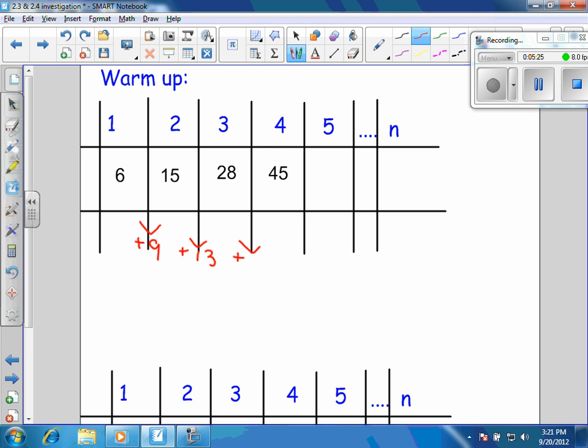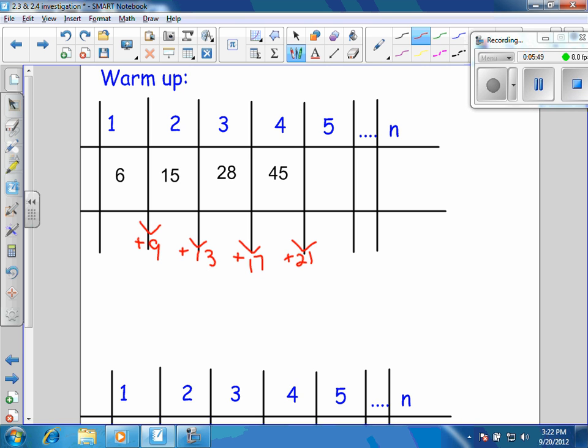What do you think's going to be? 17. Why? By 4. Okay, so let's check. So 9 and 6 make 15. 15 plus 13 make 28. 28 plus 17 does make 45. And if I wanted to figure out the next term, I would add 21.